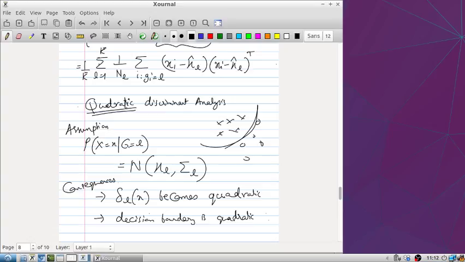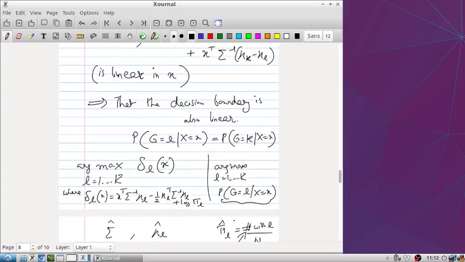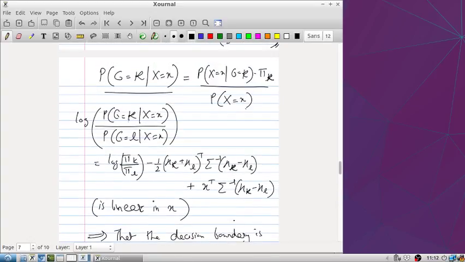The way you can see that this decision boundary becomes quadratic is again the same thing. For the linear case, you looked at this ratio, and the denominator cancels if you look at the ratio, except that here we have different sigma L's. For the Kth class there will be a sigma subscript K, which is the covariance matrix, and for the Lth class's probability, there's going to be a sigma subscript L which comes into the picture.